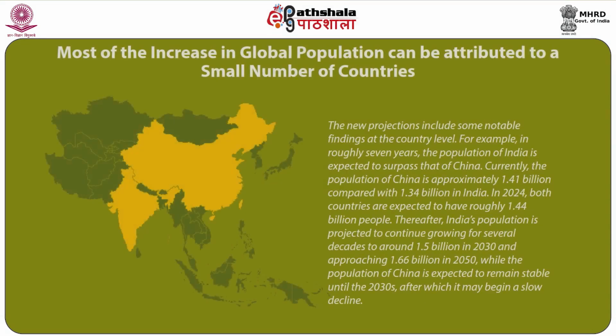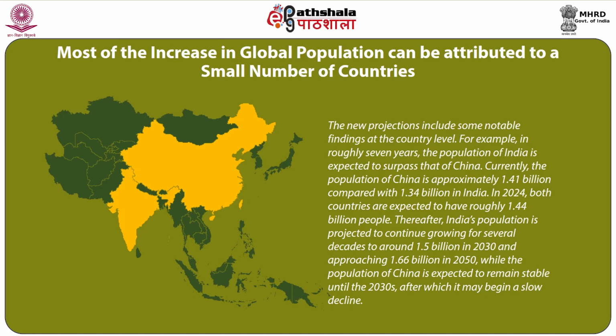The new projections include some notable findings at the country level. For example, in roughly 7 years, the population of India is expected to surpass that of China. Currently, the population of China is approximately 1.41 billion compared to 1.34 billion in India. By 2024, both countries are expected to have roughly 1.44 billion each.